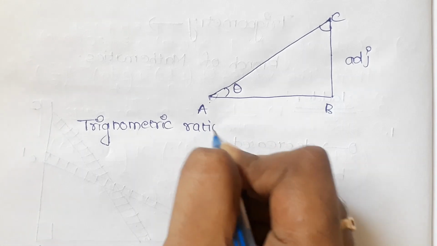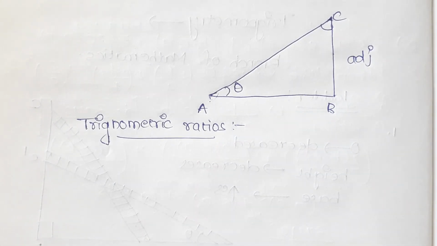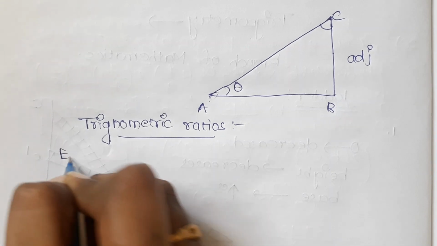And now let us see about the trigonometric ratios. We have seen some examples in the beginning of the chapter about the triangles that we use in daily life situations. And now let's know about the trigonometric ratios and how they are defined. Let us take an example.